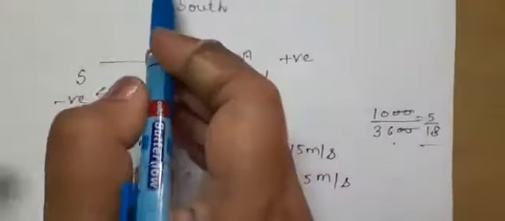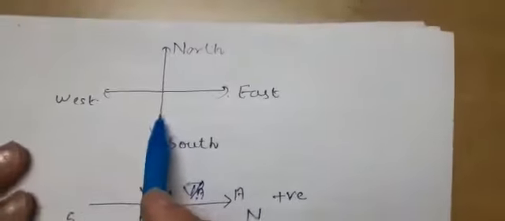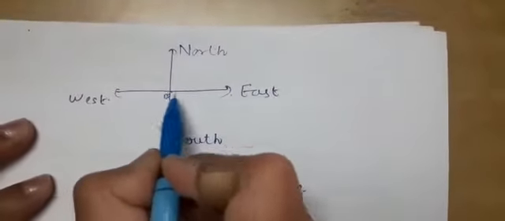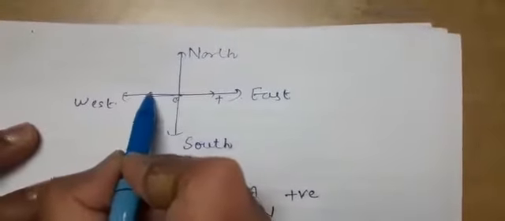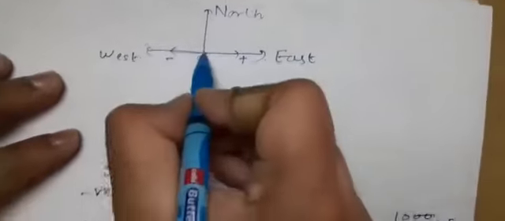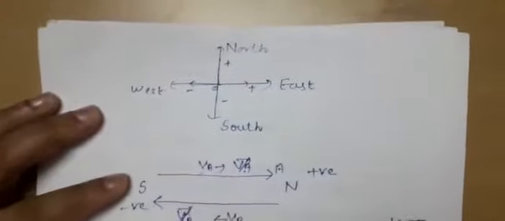If you plot the graph, what do you take? To the right of origin, all measurements are positive. To the left of origin, all measurements are negative. Above origin, all measurements are positive. Below origin, all measurements are negative.